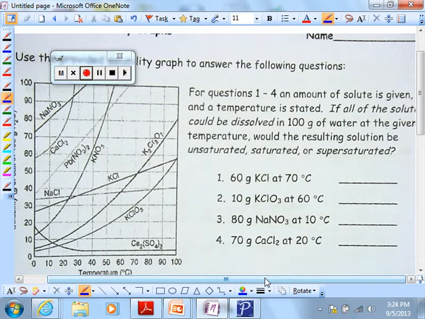The first one says 60 grams of potassium chloride at 70 degrees Celsius. So we just go to 70 degrees Celsius, go up to potassium chloride. How much can dissolve in water at that temperature? About 50 grams. Okay, but we're trying to dissolve 60, so this would be super.